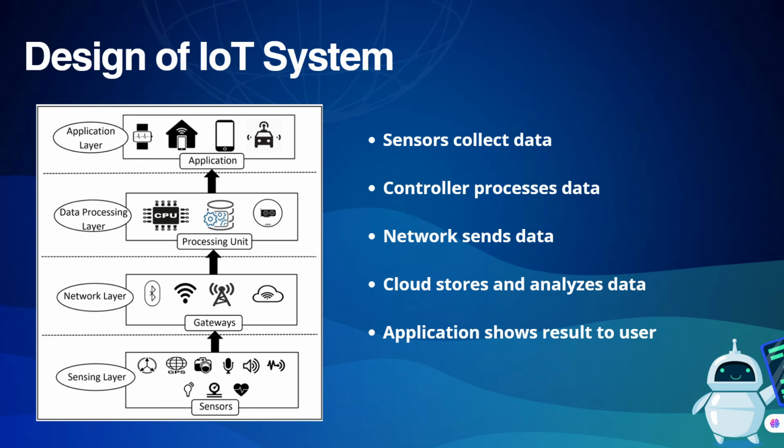After that, the cloud stores and analyzes the data. Finally, the complete application shows the information to the user. So, the complete flow is from sensors to controller to network to cloud and finally to the application.